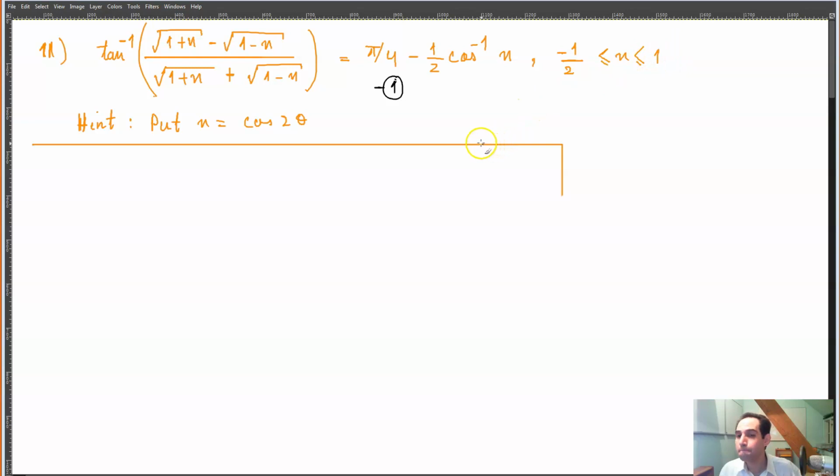Okay. Now the solution. What you can do in order to simplify this is write it in terms of the tan inverse of tan of x, which is equal to x if x belongs to the restricted domain of the tan function.